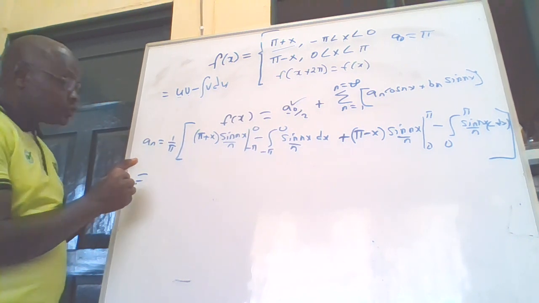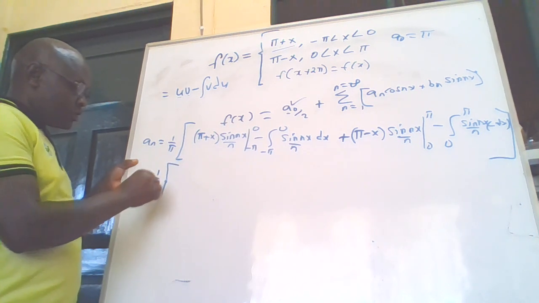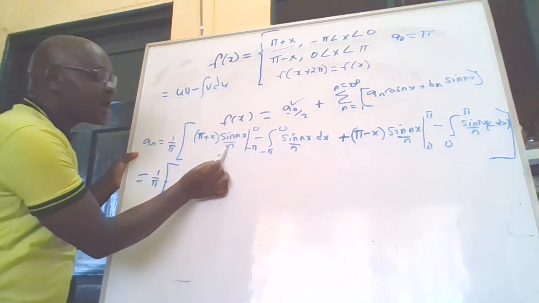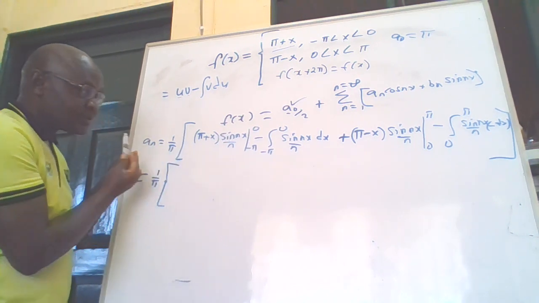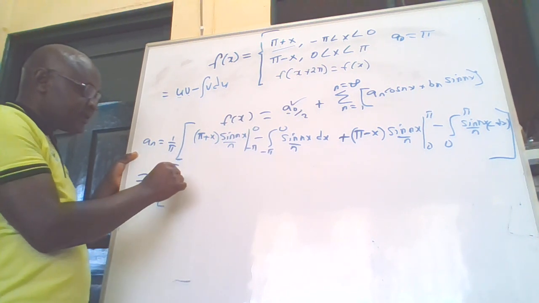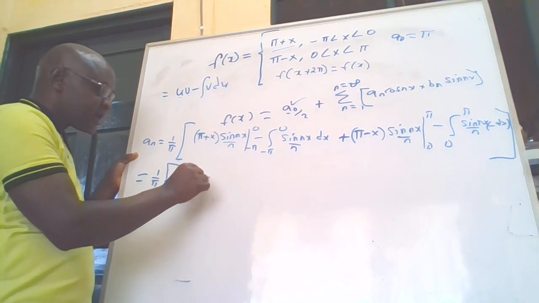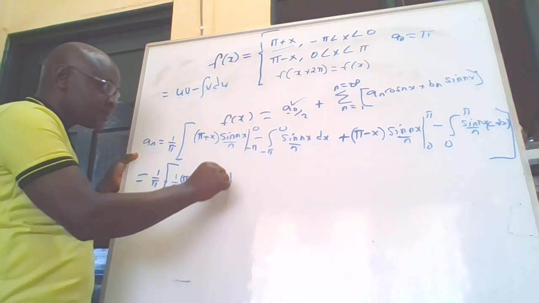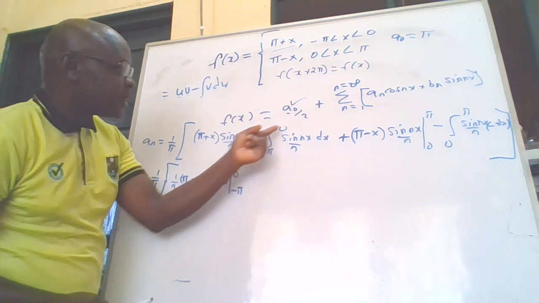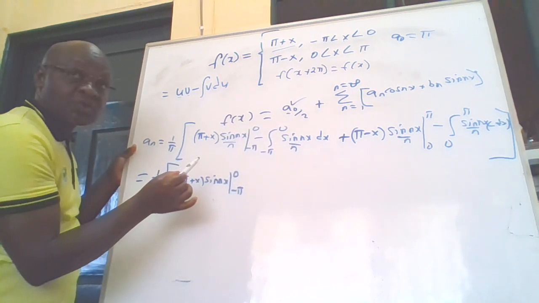So this will be equal to 1 all over pi. Then I want to write this one as, remember I have 1 all over n here, so I want to take it out a little bit. So I have 1 all over n, then pi plus x sine nx, then that is the range. Then from here, I want to take 1 all over n out of the integral sign.